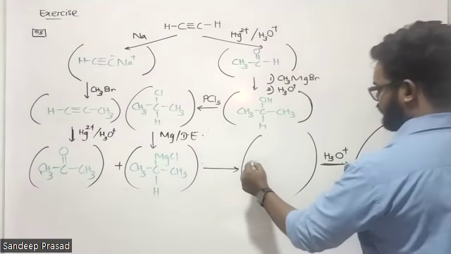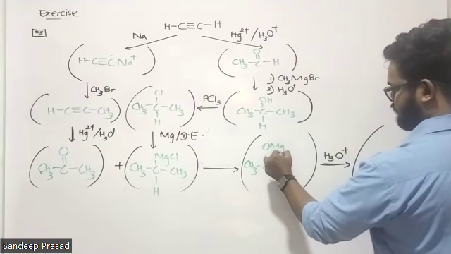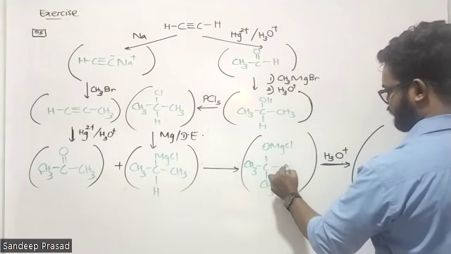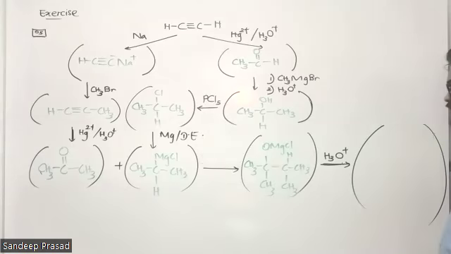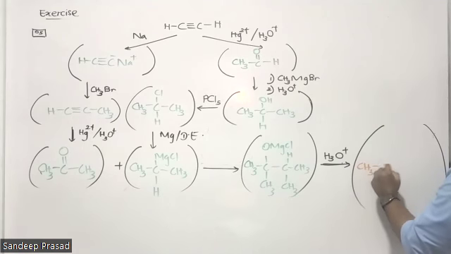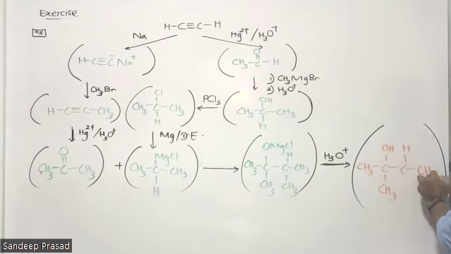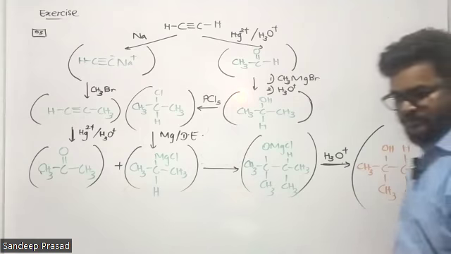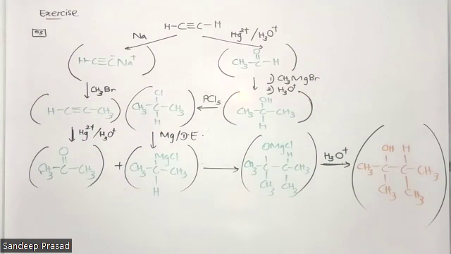Then the summation of these two makes the final product, which can be written as CH3, in this way. Number 5. Quickly complete that one also.